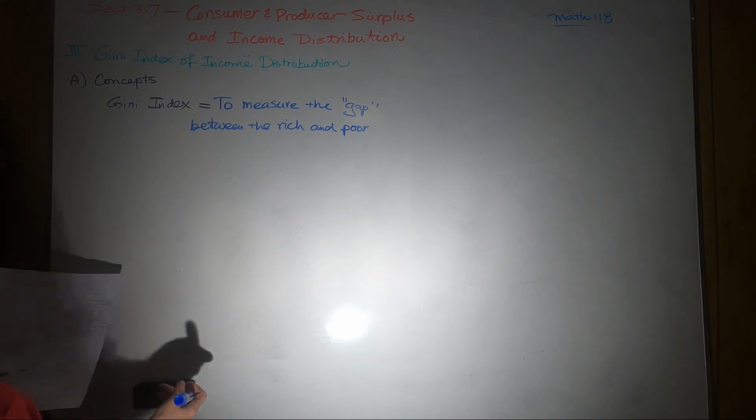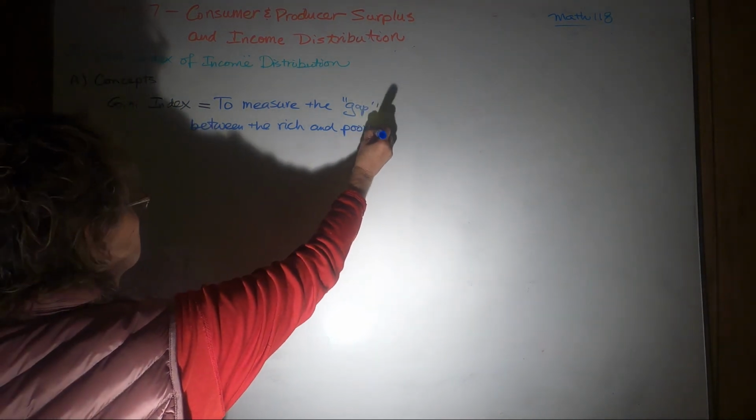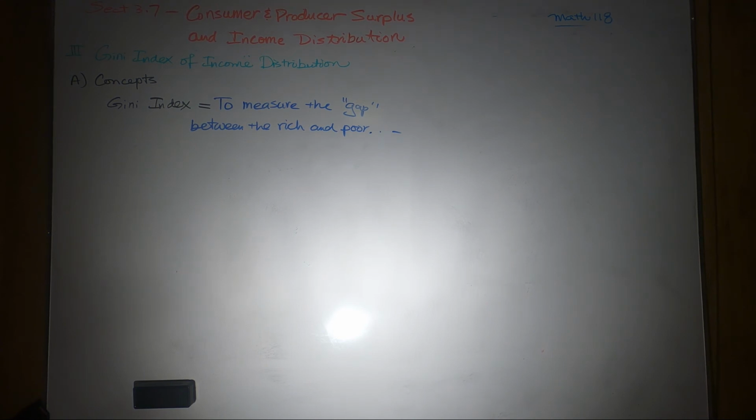Okay, so economists use those. And let's see how they develop their index to figure out how many people are poor and how many people are rich.